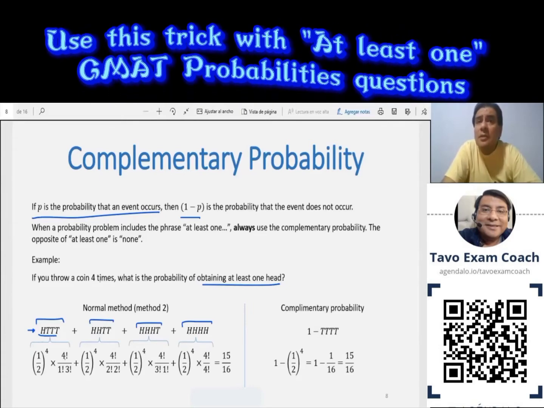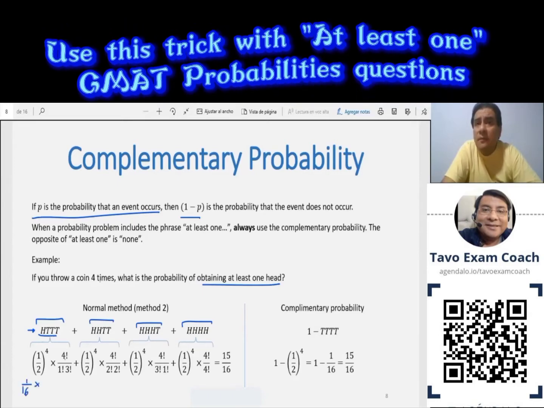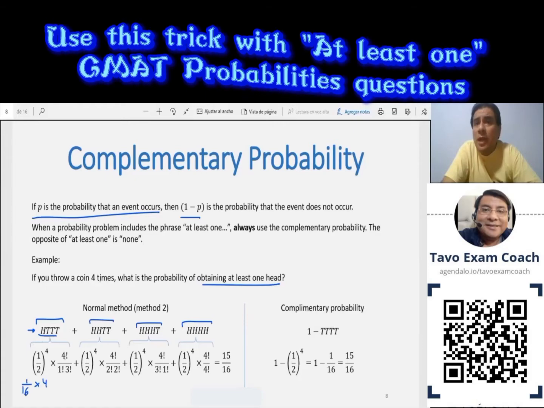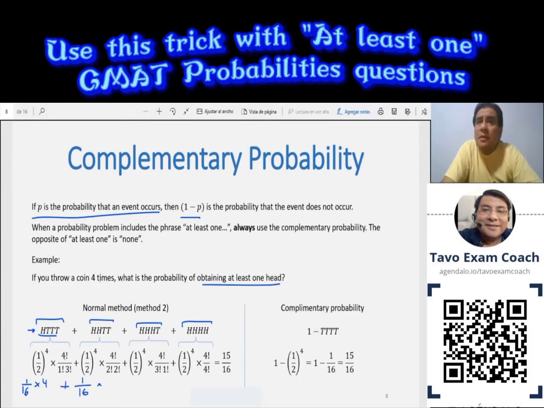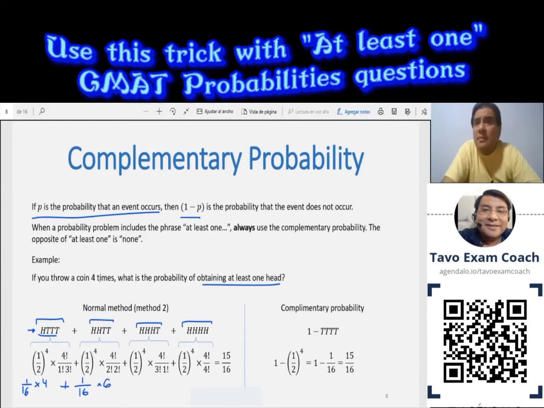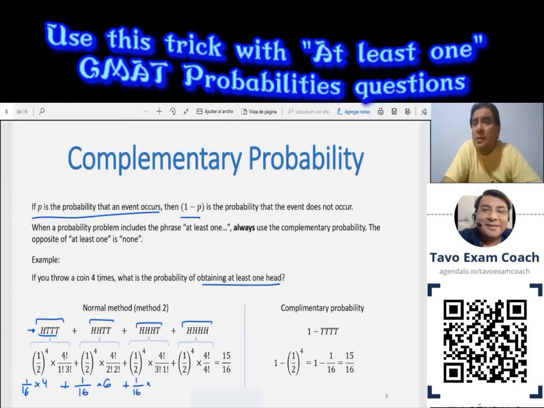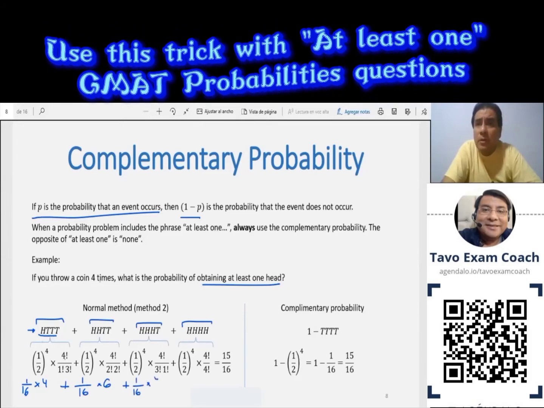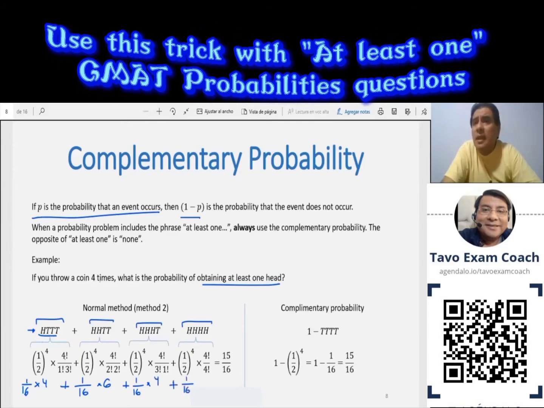So here you get 1/16 times 4. Here you get 1/16 times 4 factorial divided by 2 factorial times 2 factorial, which is just 6. Then you have 1/16 times 4 factorial divided by 3 factorial, which is 4 again, plus 1/16 times 1.